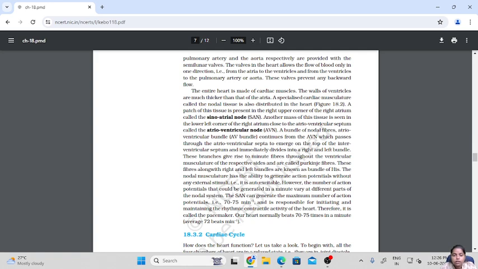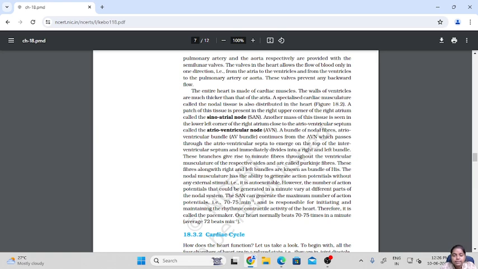The nodal musculature has the ability to generate action potentials without any external stimuli, so it is auto-excitable. However, the number of action potentials that could be generated in a minute varies at different parts of the nodal system.